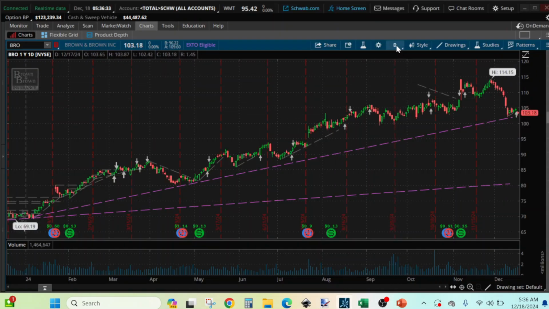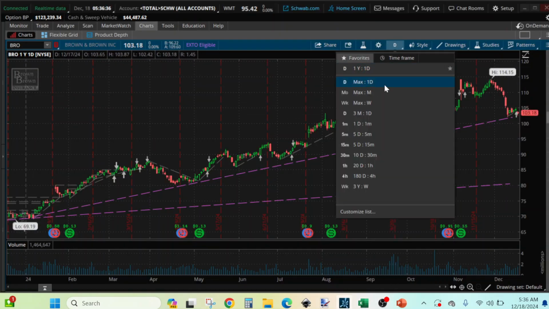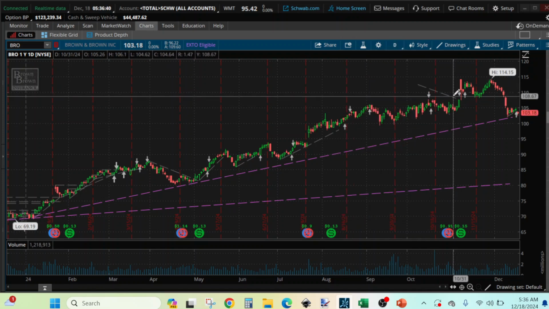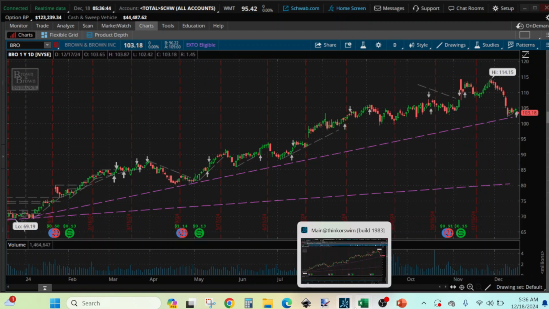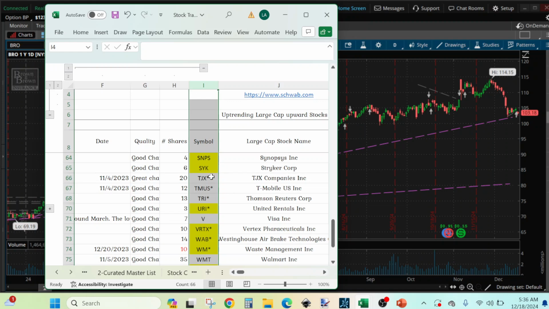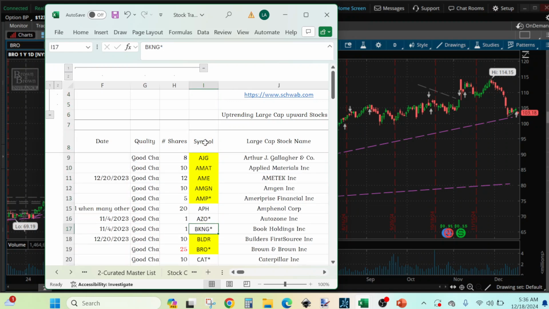We are going to make sure we have the 1 year daily chart on. We swing trade on a daily chart, and every price bar is a daily price bar, reflecting the daily fluctuation of the price. APH.